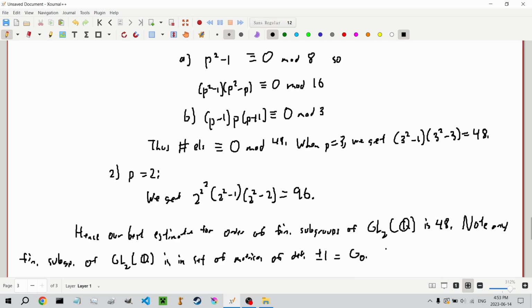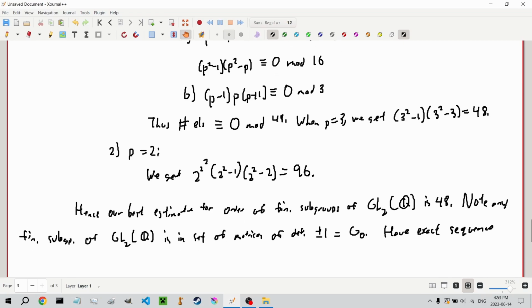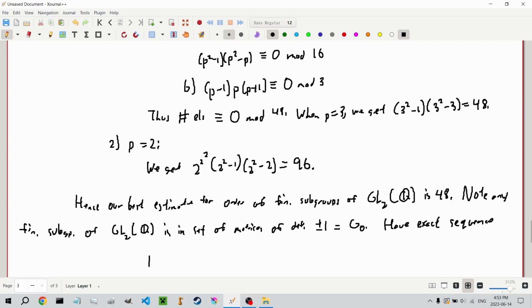We have an exact sequence where we send 1, obviously, easily into the special linear group over Q, into our G0, which we can then send to the sign of that matrix, which we then send to 0.